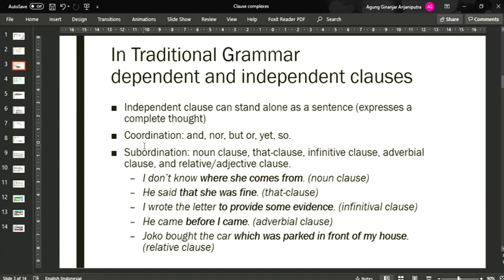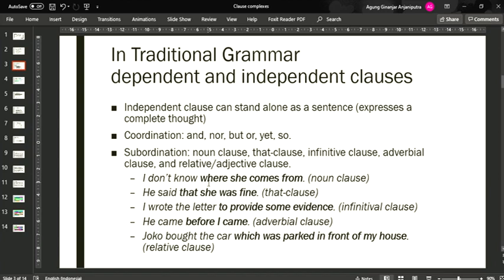For example, in coordination, by using FANBOYS: for, and, nor, but, or, yet, so, we combine two independent clauses. But with subordination, there must be a dependent clause.